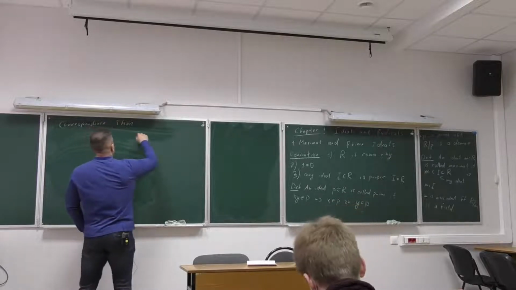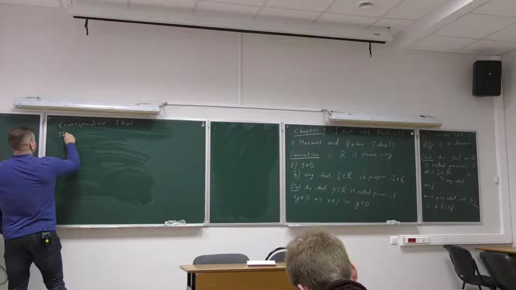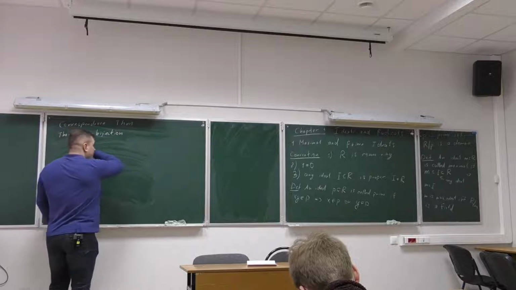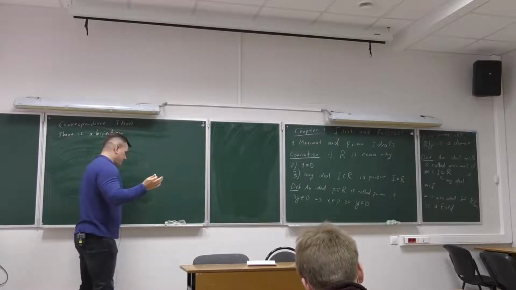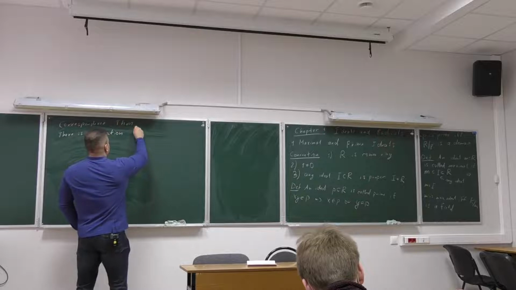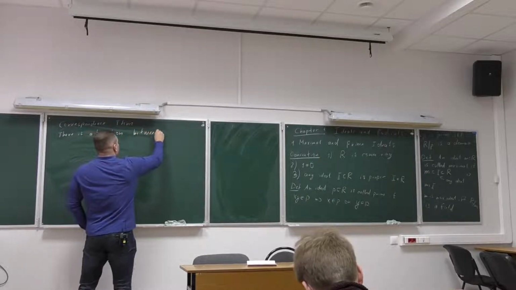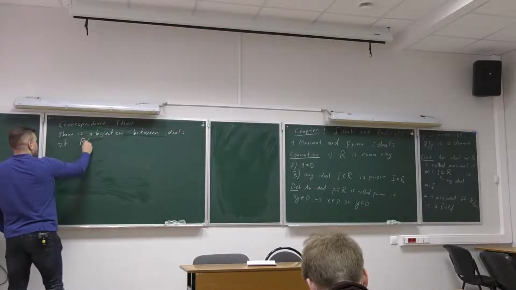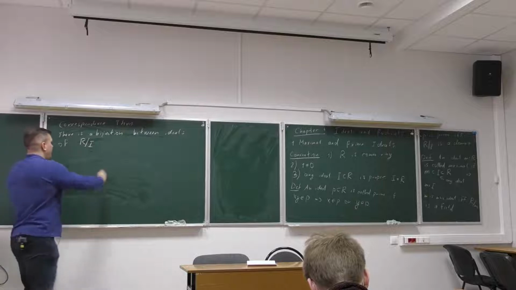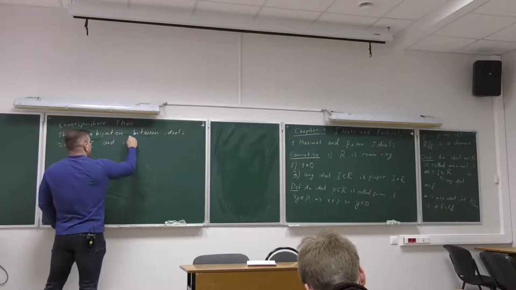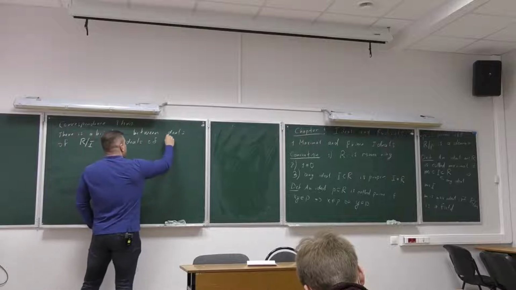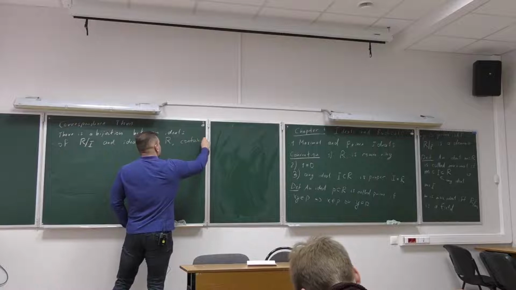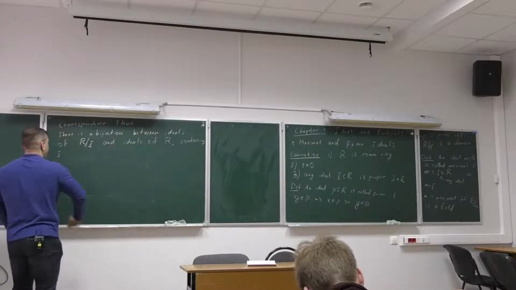It says the following: whenever we have a ring, an ideal, and the quotient ring, then there is a bijection between ideals of the quotient ring and ideals of the ring R, but with the additional property that they contain this given ideal I.